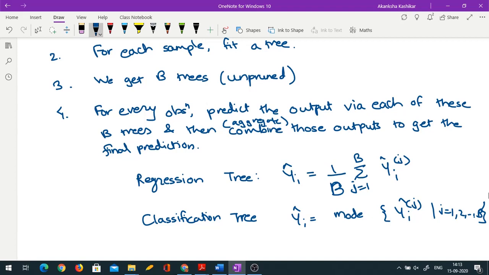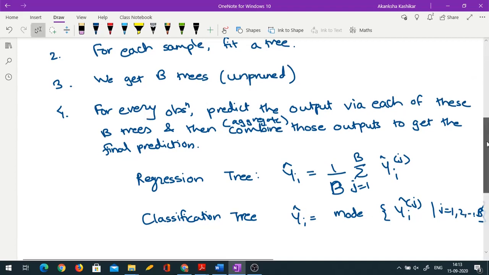Make sense? So instead of predicting from one tree, you are actually predicting from B different trees. Of course you can't get B different trees from the same data, so you go for bootstrapping so that you have a slightly different sample each time and hence a different tree.